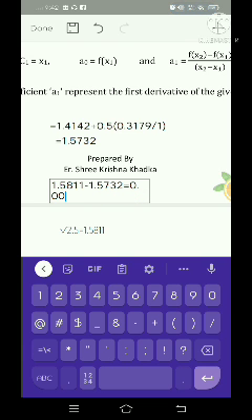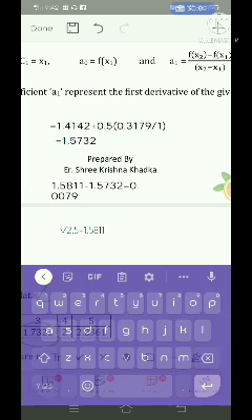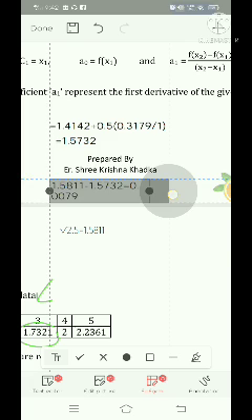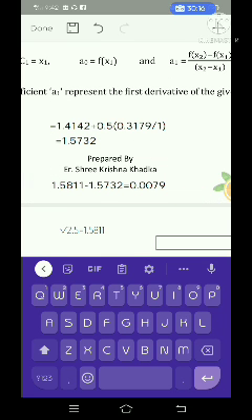That is 0.0079, or 7.9 times 10 raised to negative 3. Okay? That is the error. Can you follow? So, yan ang error niya.